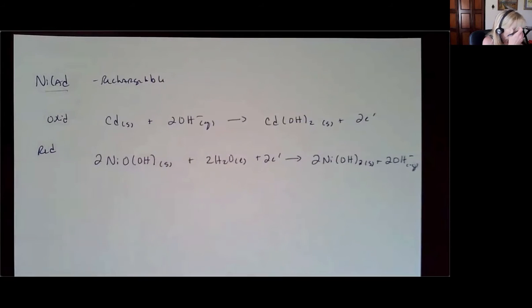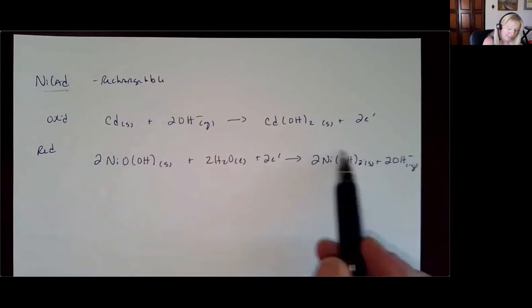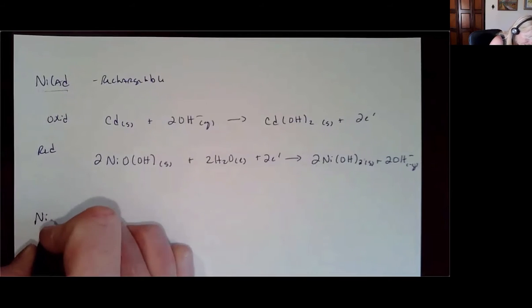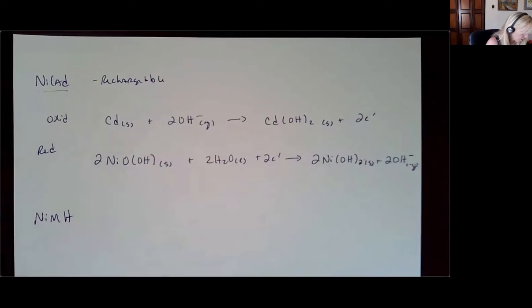One is when you're recharging them, it doesn't stop automatically, and so it'll just keep going, and it creates more unwanted products. It's going to run out of this, it's going to run out of this, and it's going to keep going because I'm supplying energy. So a lot of other side reactions can happen, and these will actually explode if they're overcharged. They'll catch on fire and explode. And so nickel cadmium batteries were not very good. They were replaced by the nickel metal hydrides, which we talked about.